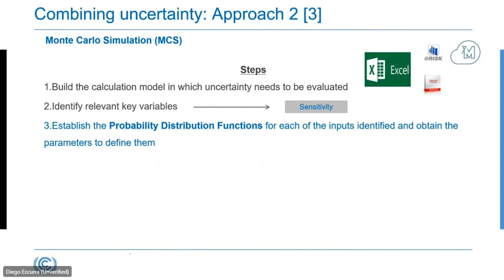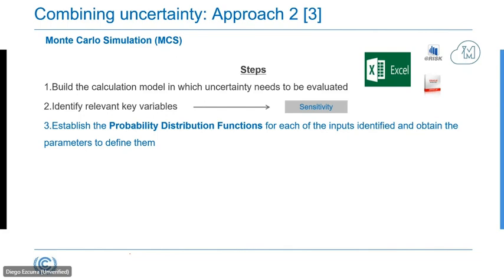The next step is precisely this. Establish the probability density function for each of the input variables you identify as important. Defining the probability density functions means deciding which probability function to use, if it's a normal distribution, a log normal distribution, or whatever other function, and determining the parameters defining the probability density function.